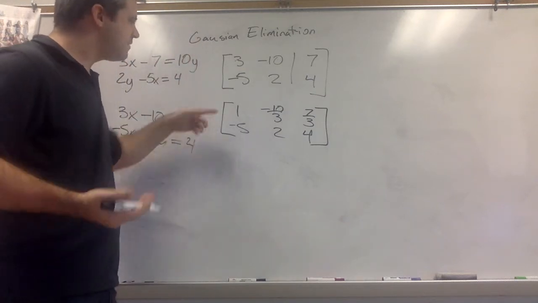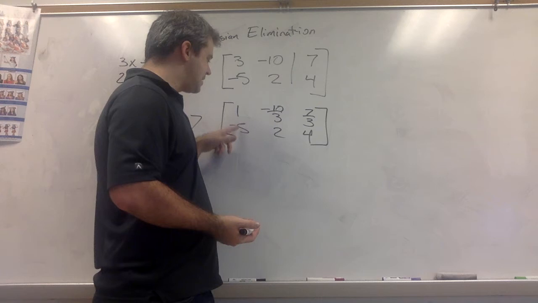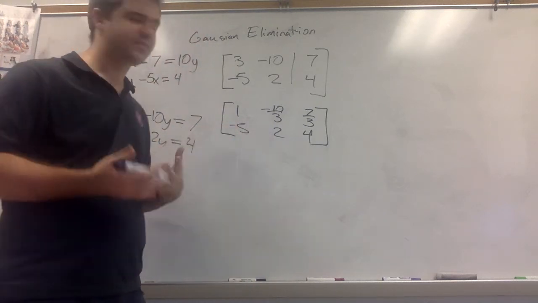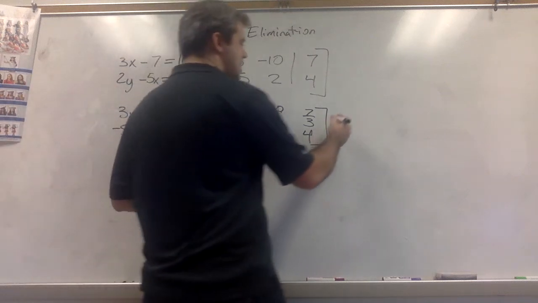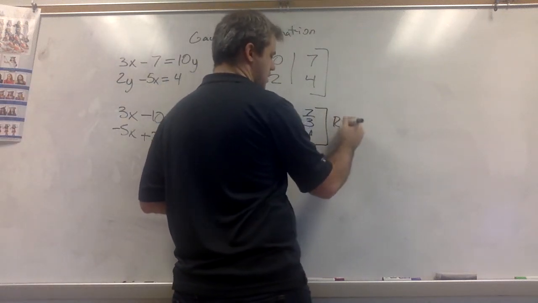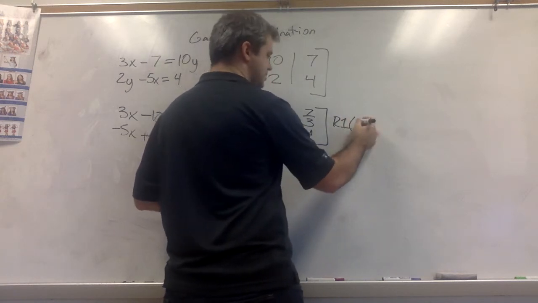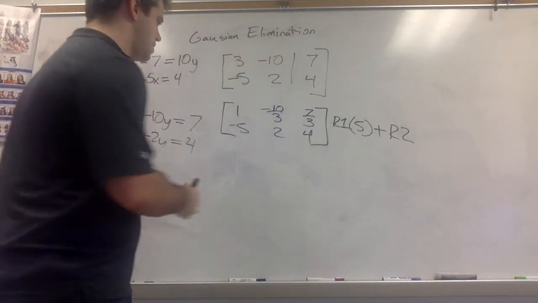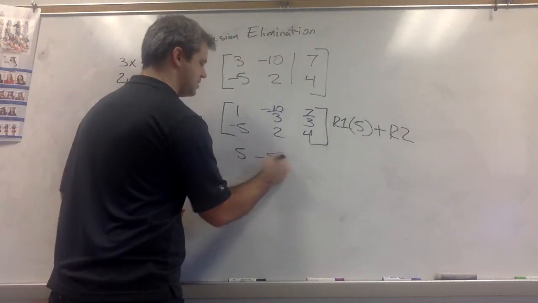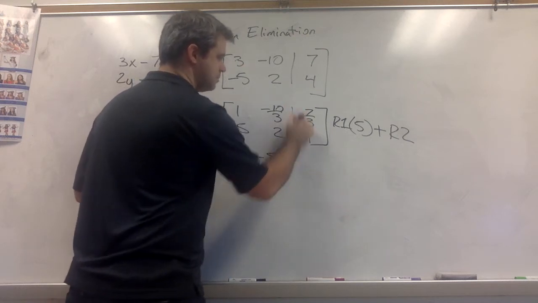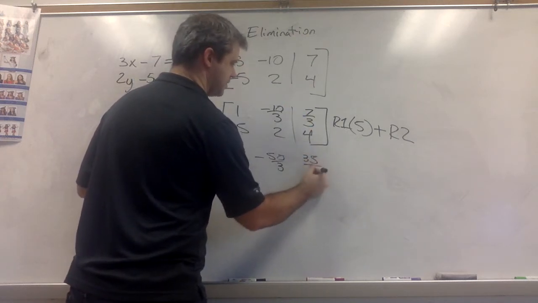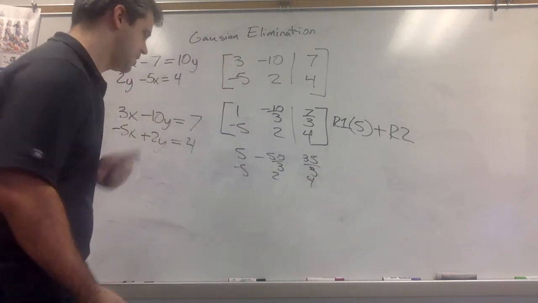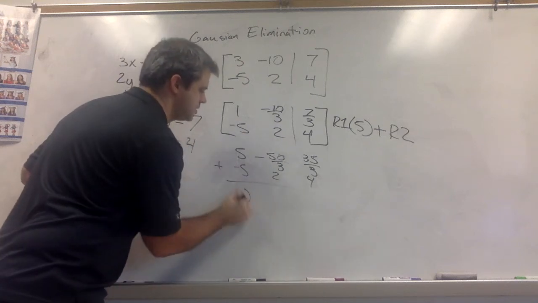All right, now that I've done that, I'm going to eliminate this bottom guy. How am I going to eliminate this -5 and turn it into a 0? I'm going to take my row 1, multiply it by +5, and then add it to row 2. So that gives me 5, -50 thirds, 35 thirds, and I'm going to add it to -5, 2, and 4. So that gives me 0.